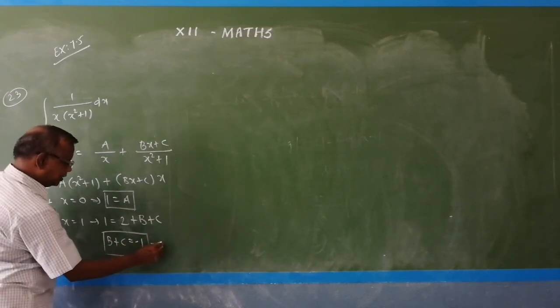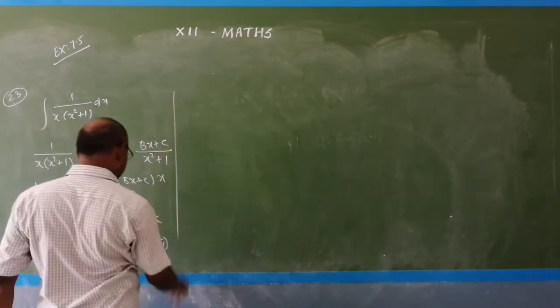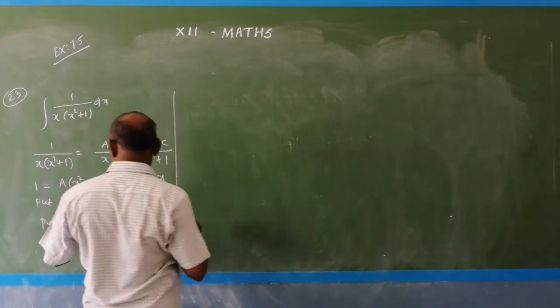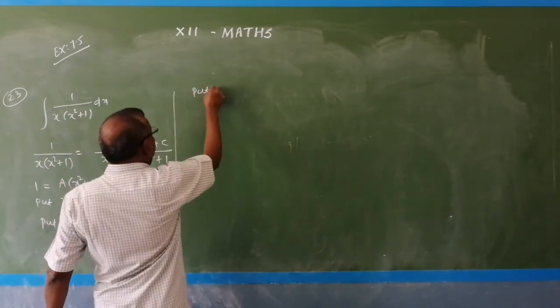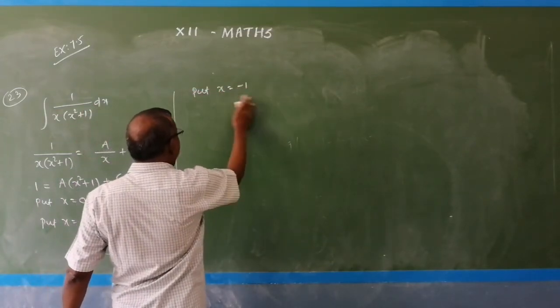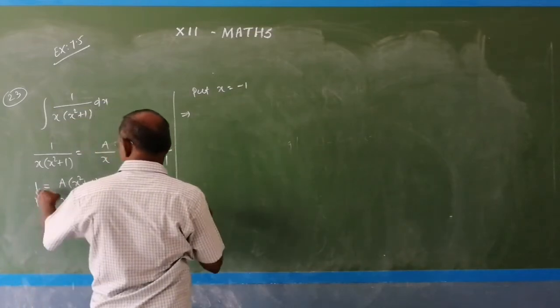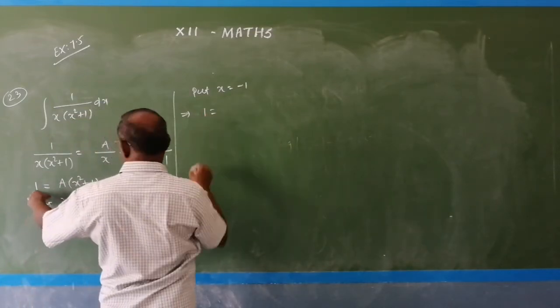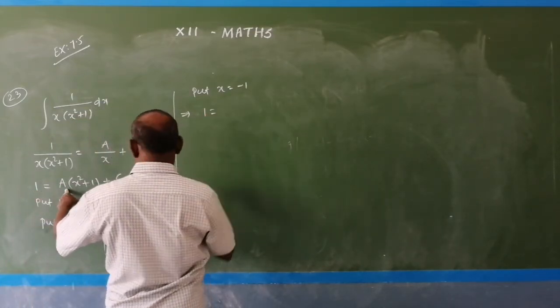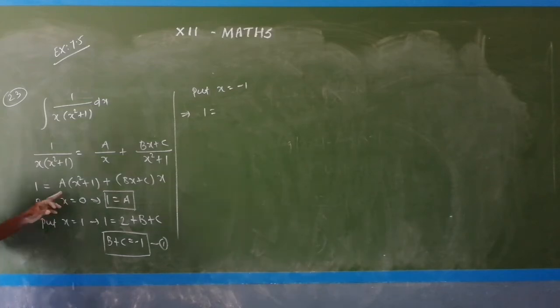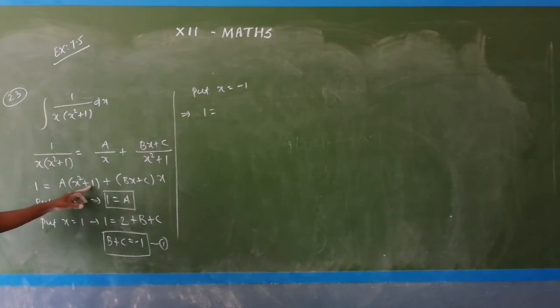So, this is one equation, save it, and now put x equal to minus 1, which gives 1 equal to, minus 1 the whole square, 1 plus 1, 2 into a value 1.